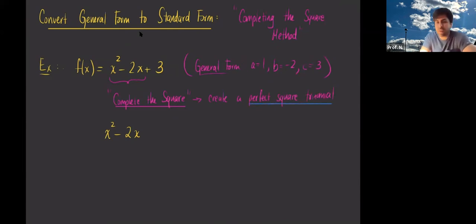And you'll see why we even want to do this. At the very moment, x squared minus 2x is not a perfect square trinomial. So what do we do in order to create from this a perfect square trinomial?